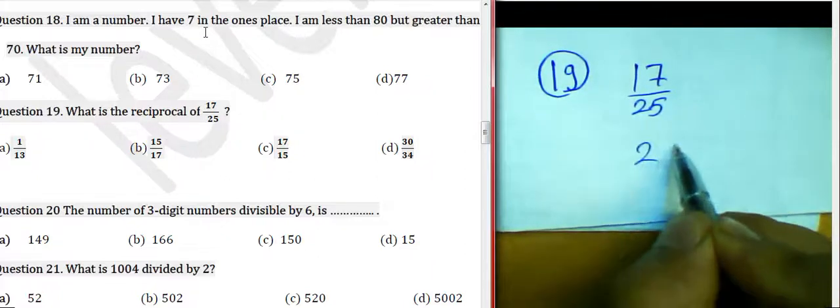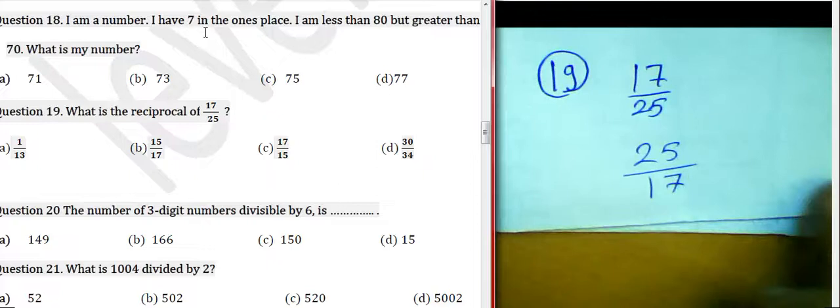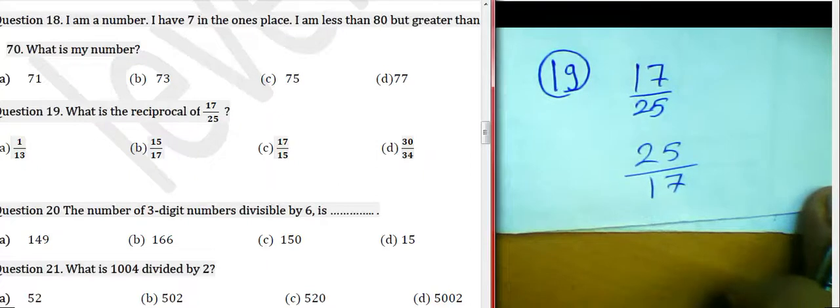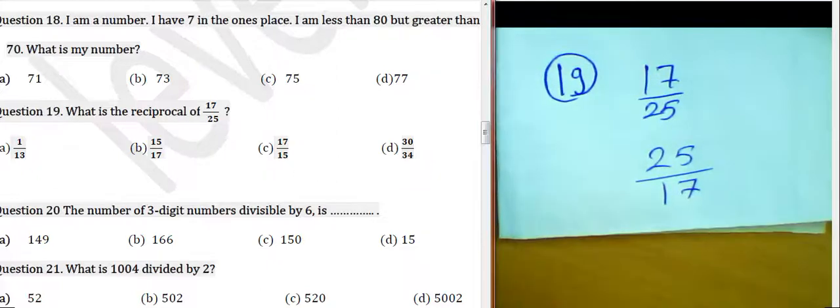We must write the inverse. The result will be 25 over 17. Letter B.